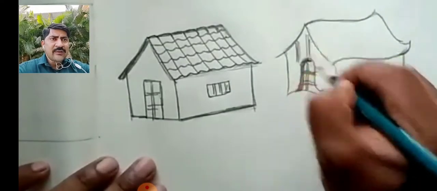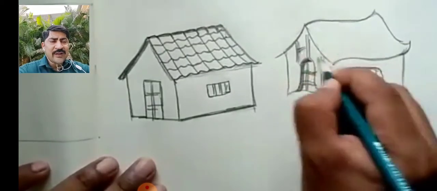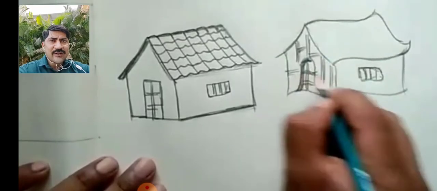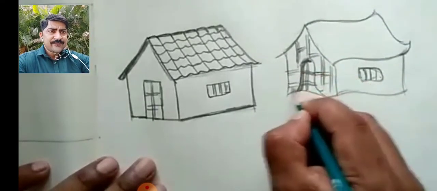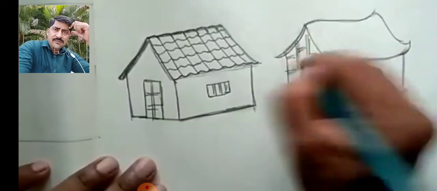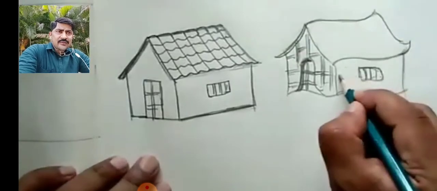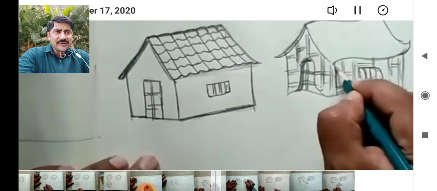Now we give some texture in the wall to make it look different from the previous house which we have done. On both sides of the walls we do the same texture.